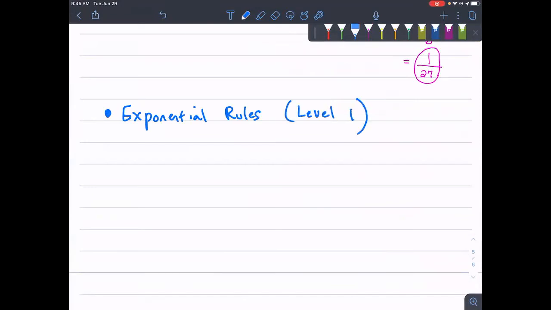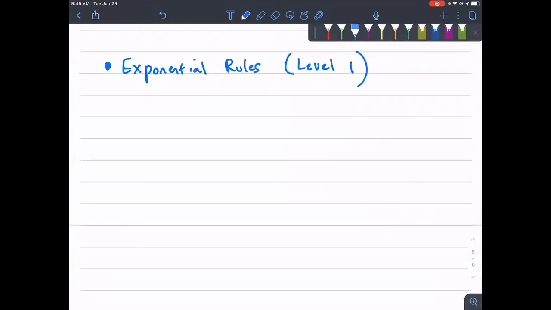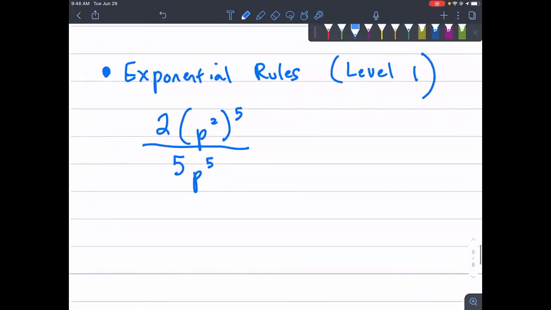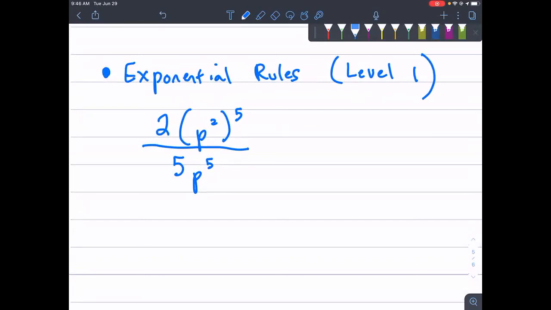Exponential rules level 1. 2 and then in parentheses, p to the 2nd to the 5th, and then 5p to the 5th.